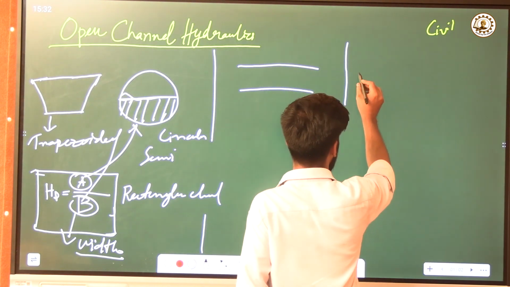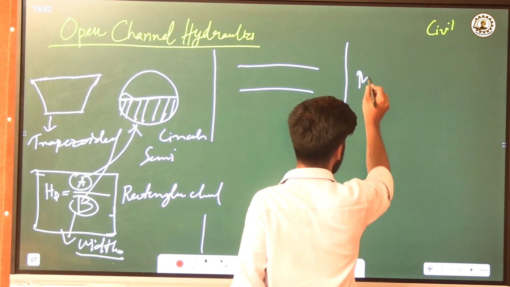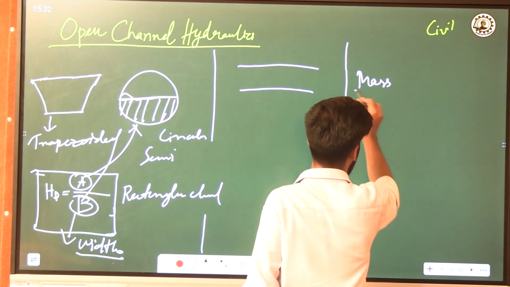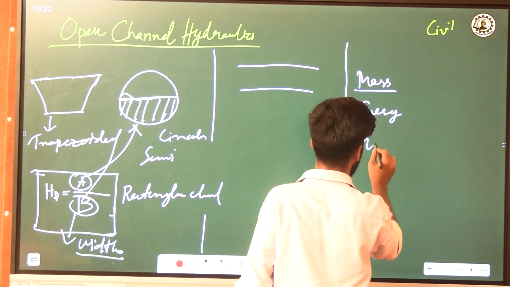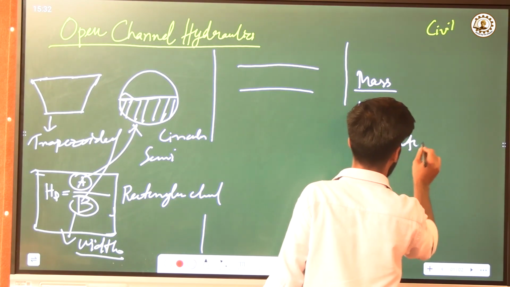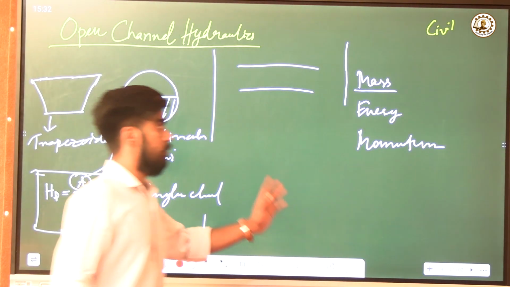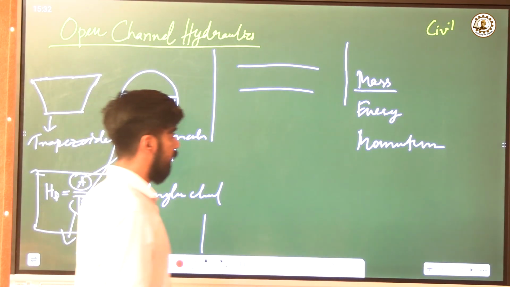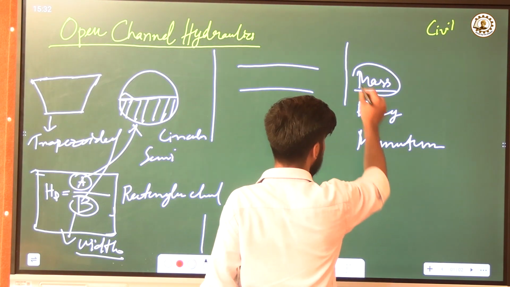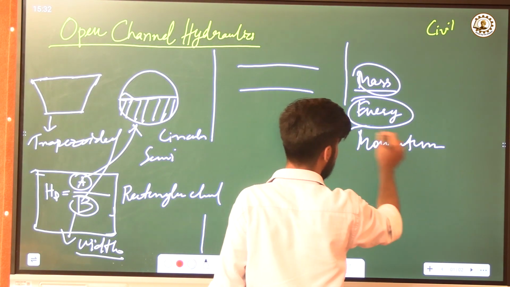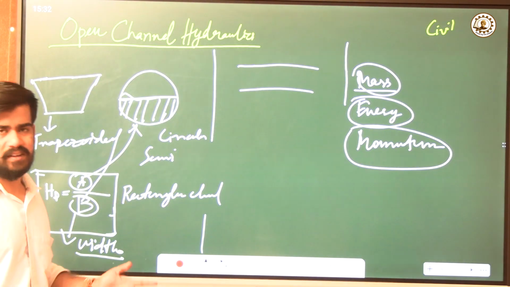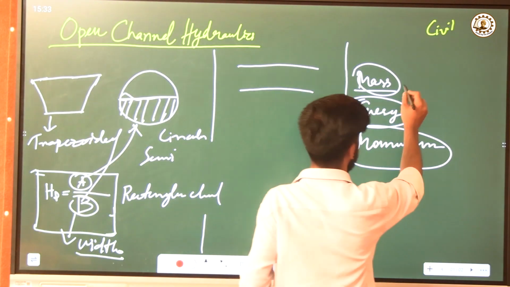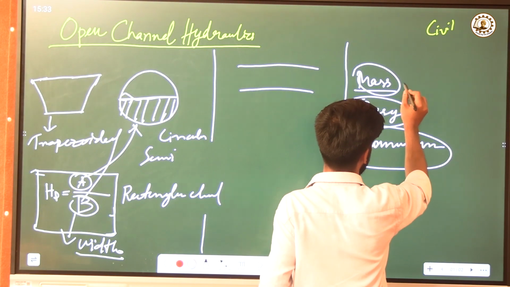In the mathematical part, there are three things which generally come out: mass, energy, and momentum. The conservation of mass, energy and momentum can help us in the mathematical derivation of any open channel flow, existing in nature or artificial.